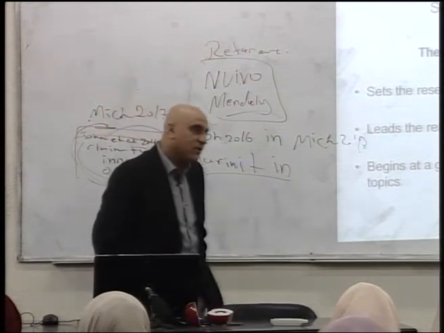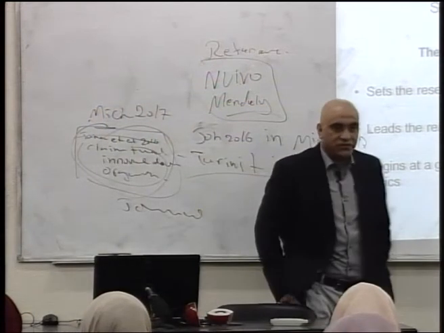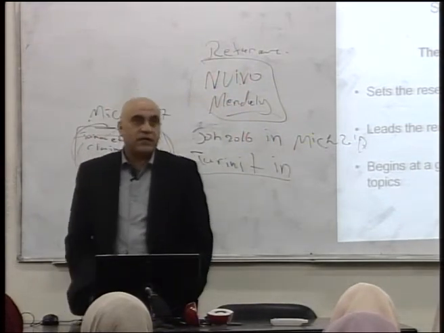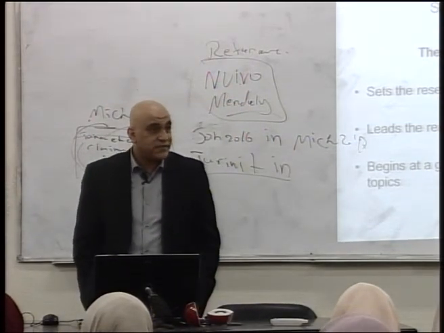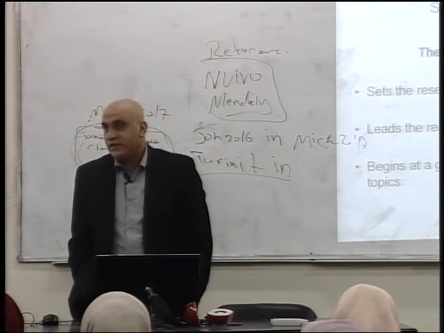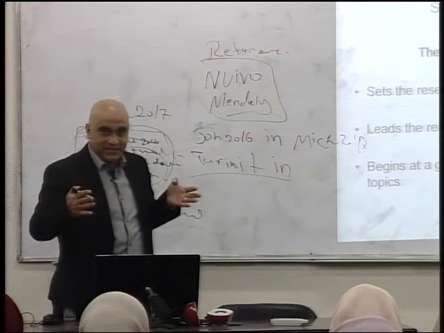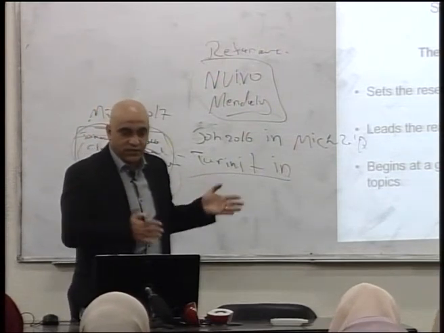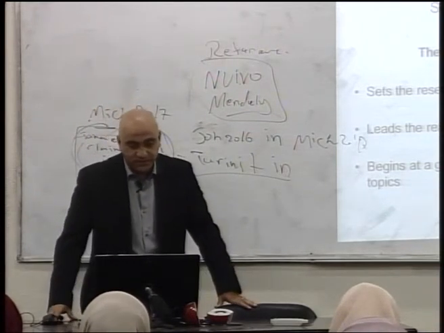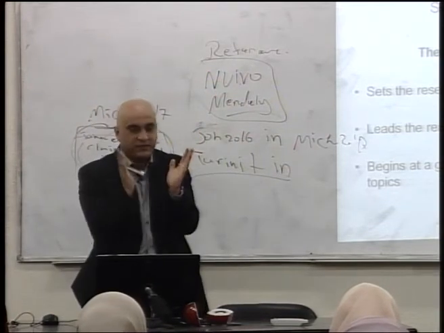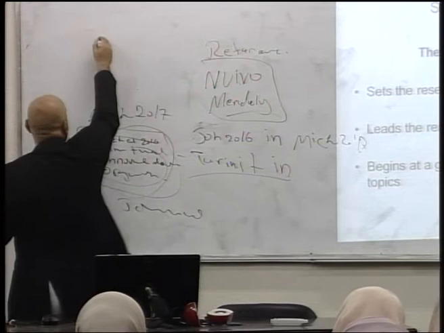It means you smoothly arrange the report from the background to the objective, to the research questions, to the literature review, to the methodology, etc. It's like leading the reader to a good understanding. It begins at a general level and narrows to specific topics.